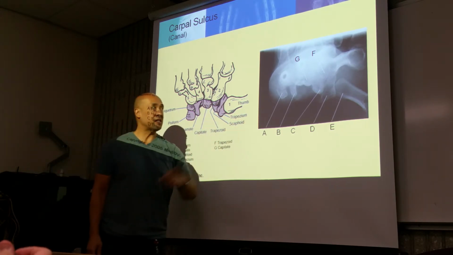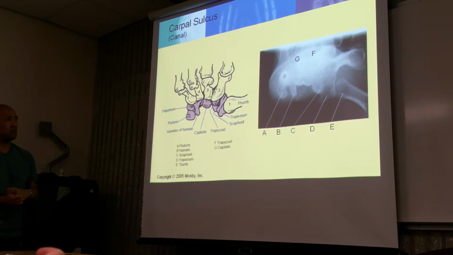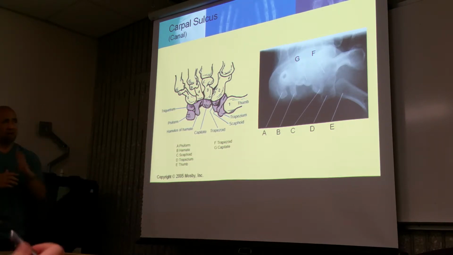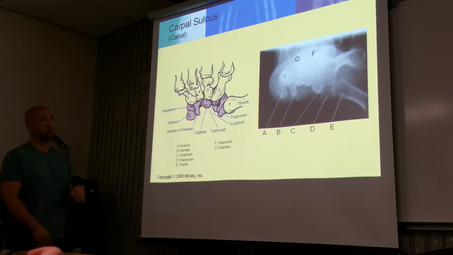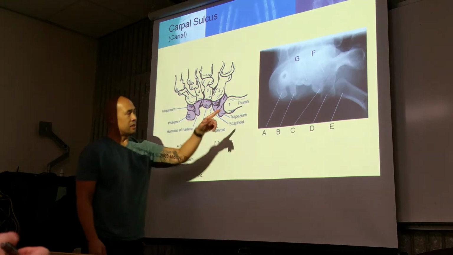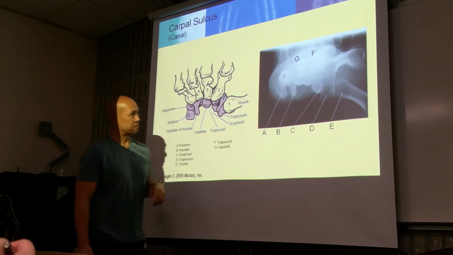The two bones that are projecting downward, one is the hamate, and the other one is going to be the pisiform. The other ones you can't see very well because there's some superimposition. But the four bones that I want you to be familiar with in this projection are the trapezium, the navicular or the scaphoid, the hamate, and then the pisiform.